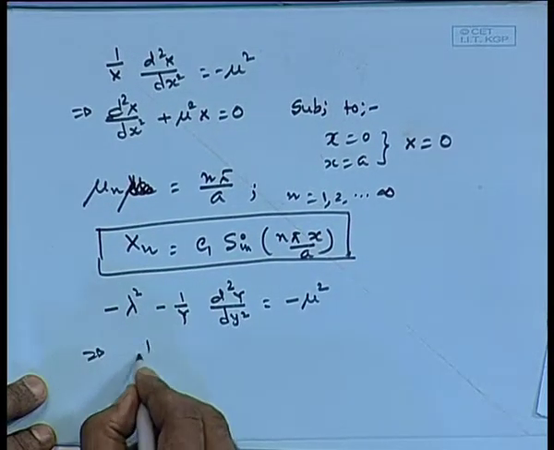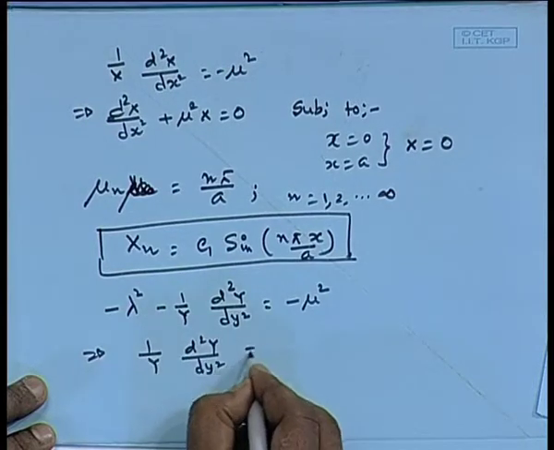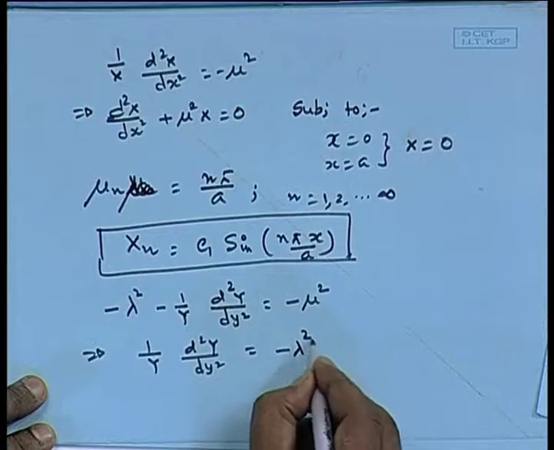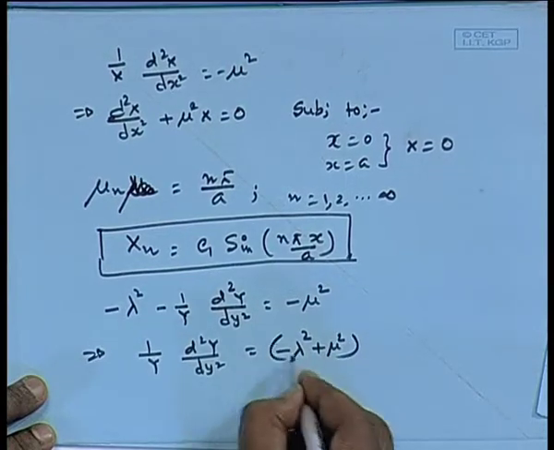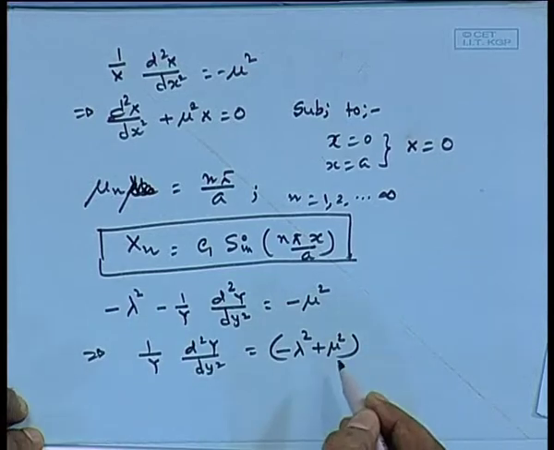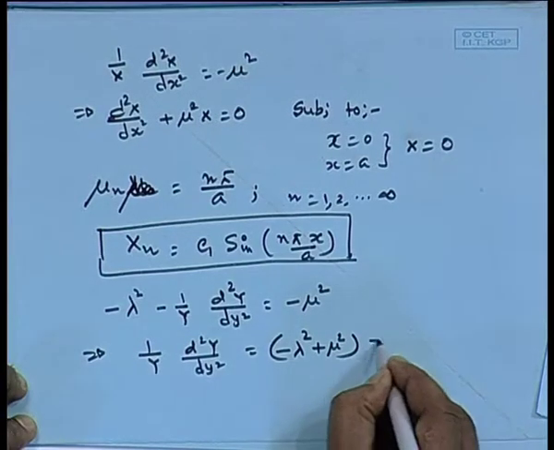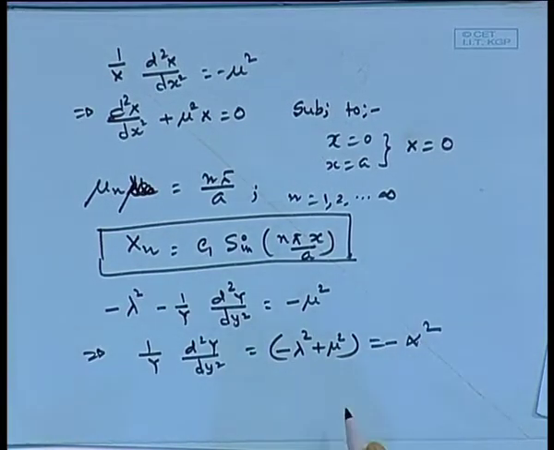So, it will be 1 over y d square y dy square is equal to minus lambda square plus mu square. Now, to have a standard eigenvalue problem, this constant can be treated as minus alpha square. Again, it is a constant. Then only you will have a standard eigenvalue problem, because you will have the homogeneous boundary conditions in the y direction.